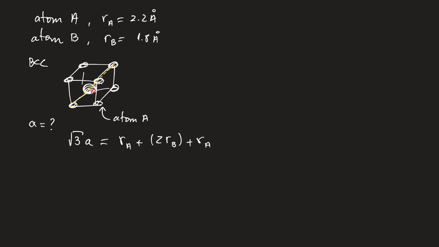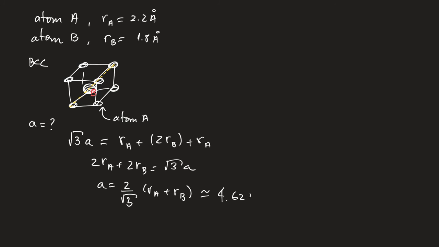This here is the atom B. All right, so if we perform this calculation here, we come to 2RA plus 2RB equals square root of 3 a, and to make the long story short, a will be equal to 2 over square root of 3 times RA plus RB, which is approximately 4.62 angstroms.